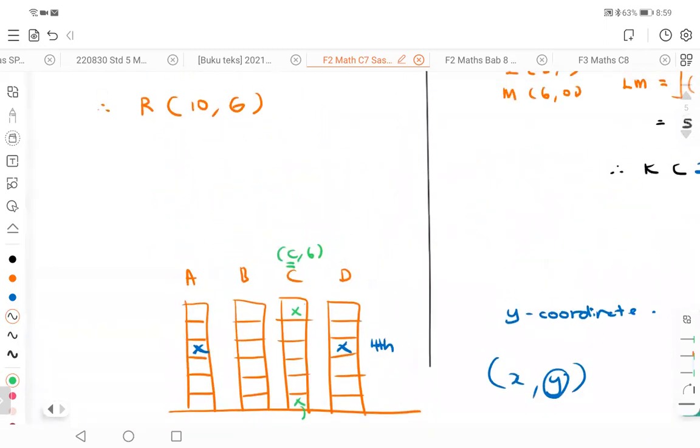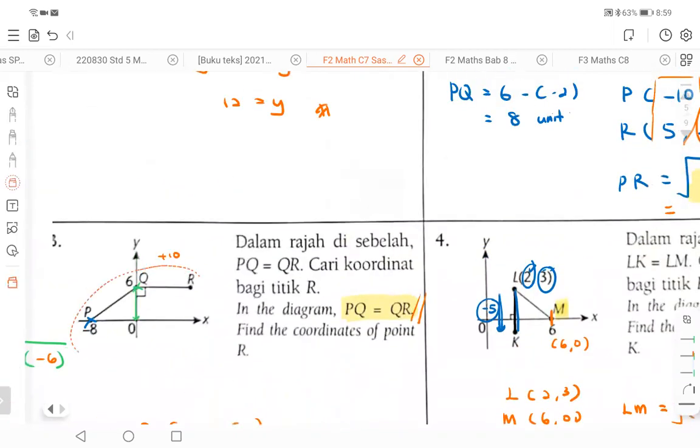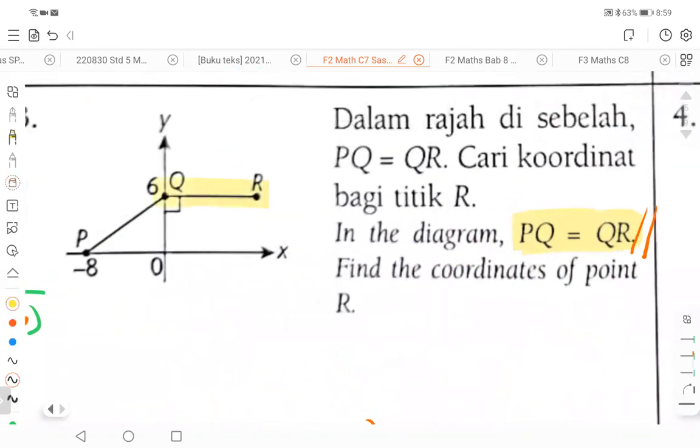If you put this idea on the graph, same thing. Look at point Q and point R, same height. So when it's the same height, they will have the same y coordinate. You have to list down first. The coordinate of point Q is (0, 6), meaning the coordinate of point R at the back, the y coordinate is also 6, because they are at the same height.